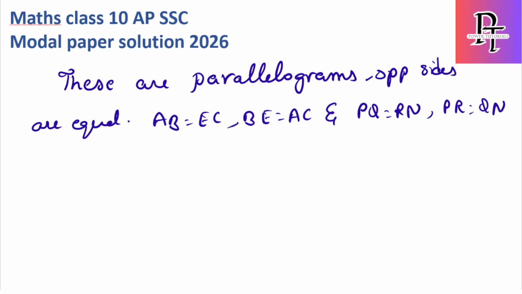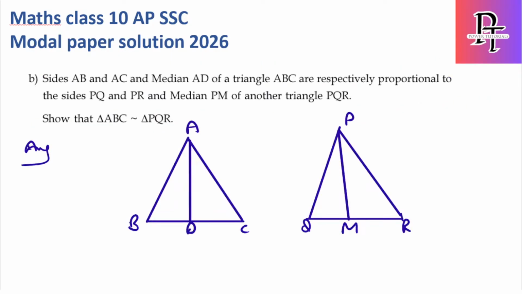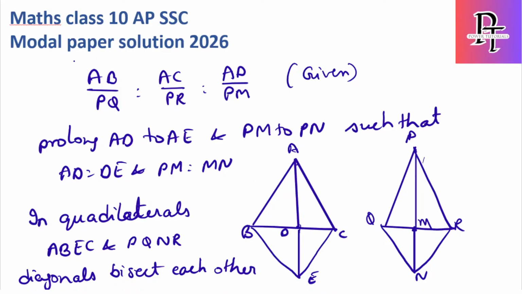Okay, now let's see the ratio which I have written at the start. Yes, this one. Let's use this: AB by PQ, I'll just replace AB with EC.